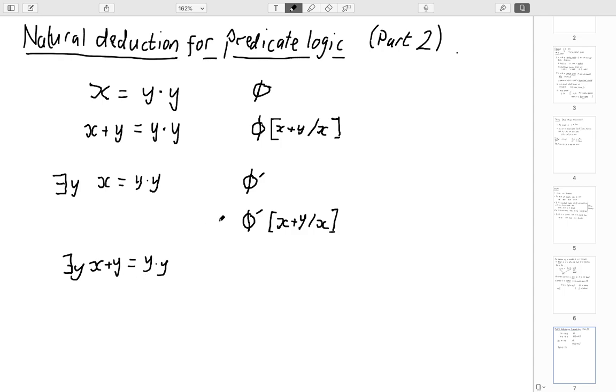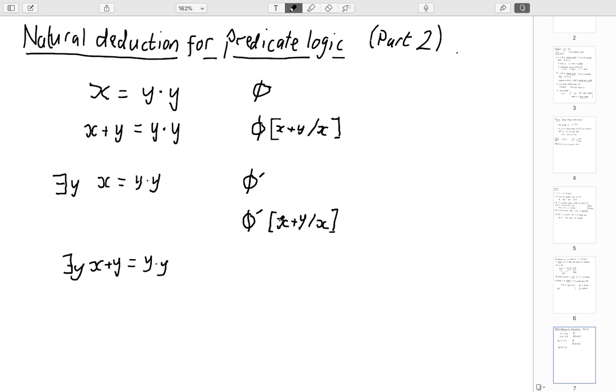And the problem is that here we want to talk about x and y, and in order to do so, we can't, when we put the y inside, we can't quantify over it, because we're talking about some x and y that we're referring to here. We want to say x and y, whatever their values are, are square numbers.